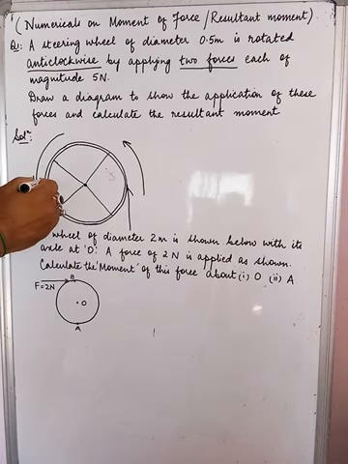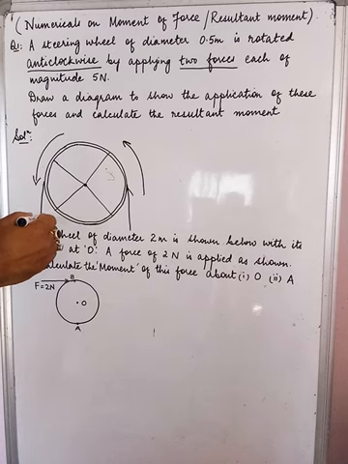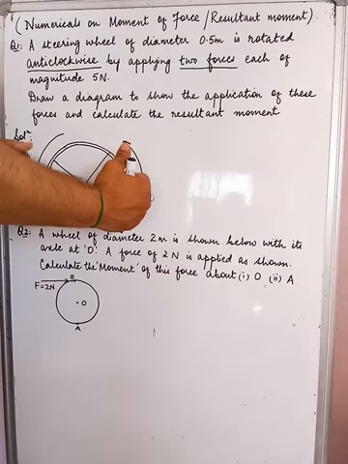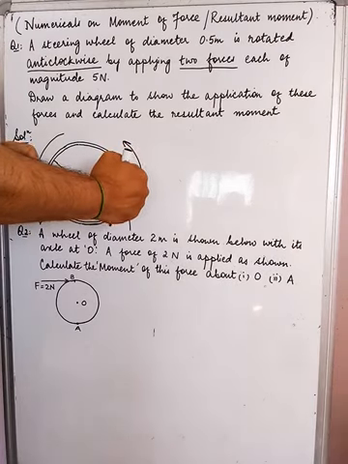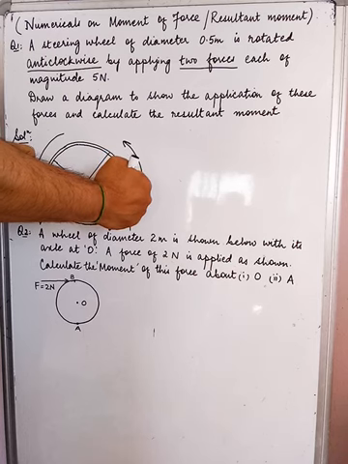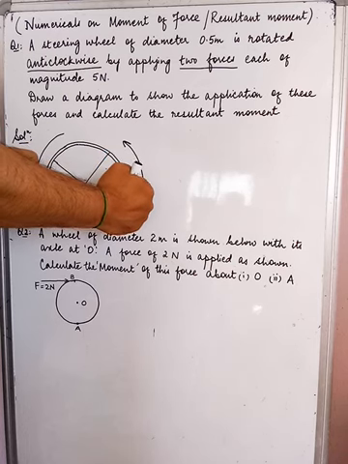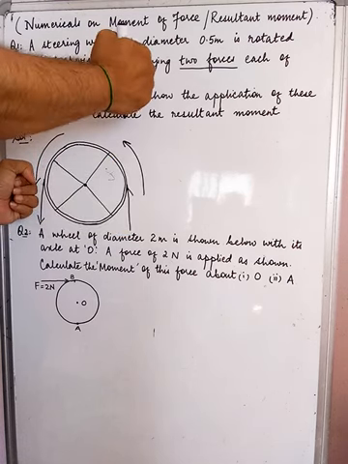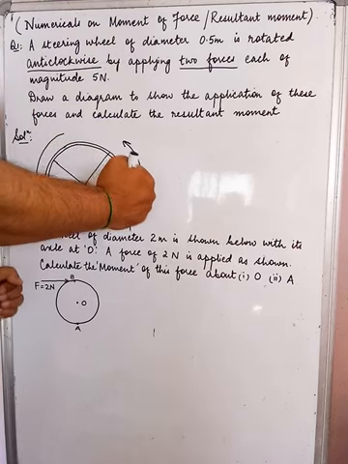and this point. If you observe carefully, the two of your hands would be on the steering wheel like this. Now if you are to rotate the steering wheel anti-clockwise, then this hand should exert a force upwards and this hand should exert a force downwards.